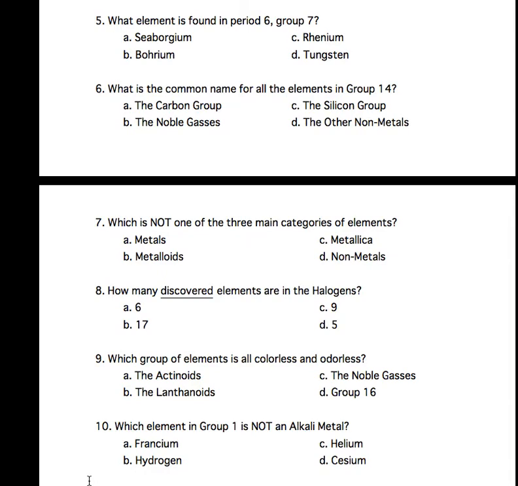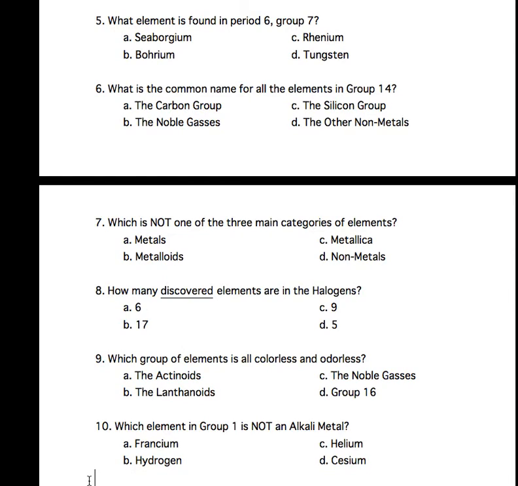Number 8. How many discovered elements are in the halogens? Is the answer A, 6, B, 17, C, 9, or D, 5? Number 9. Which group of elements is all colorless and odorless?